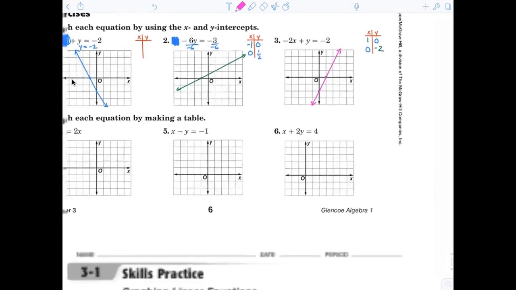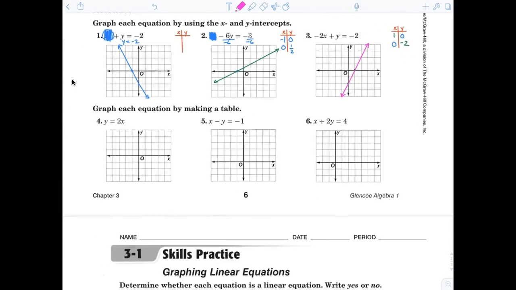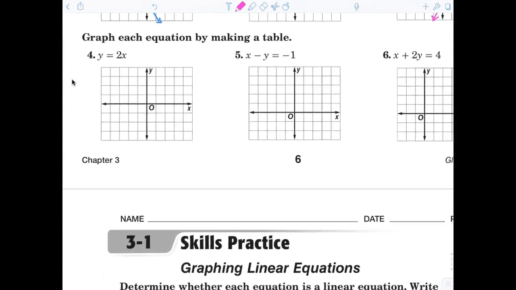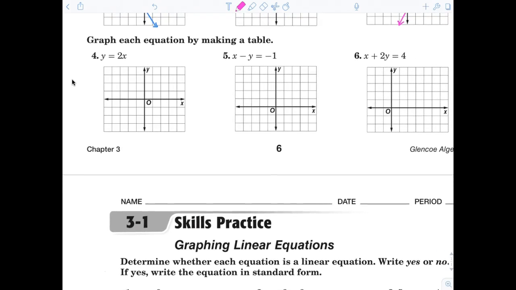Now, what I want to do is graph using a table. Some of you are going to say, can I just use the intercepts? Because that's pretty easy.